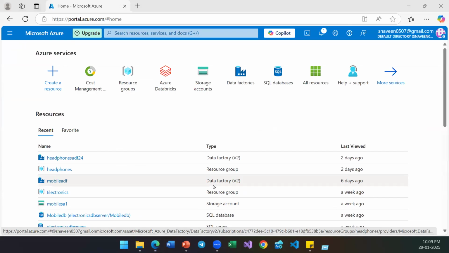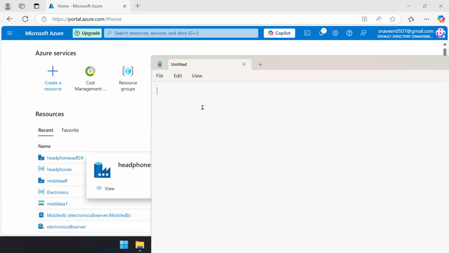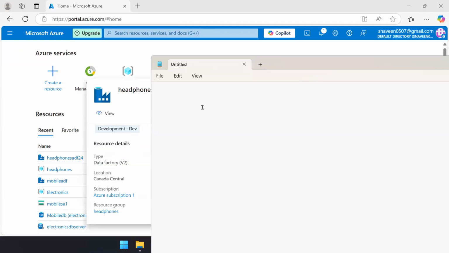Right. So let me pull up my notepad. Let me make a note of the services that we are going to cover in this particular program. Of course, all are Azure. So we will start with cloud computing basics, and then Azure SQL Server, database, and then Azure Data Factory.